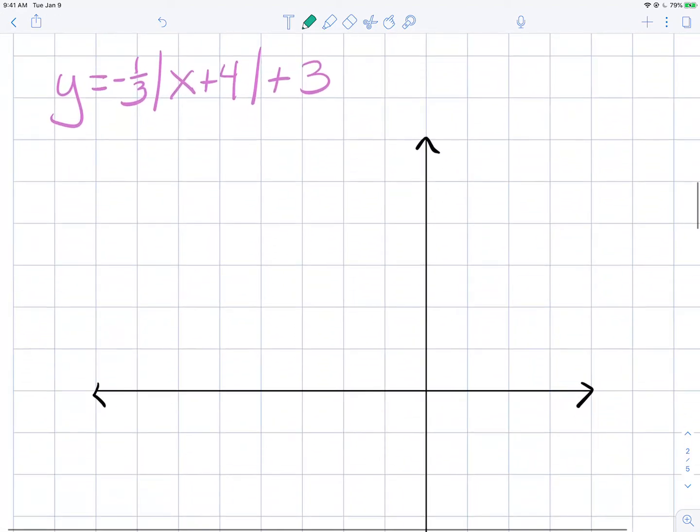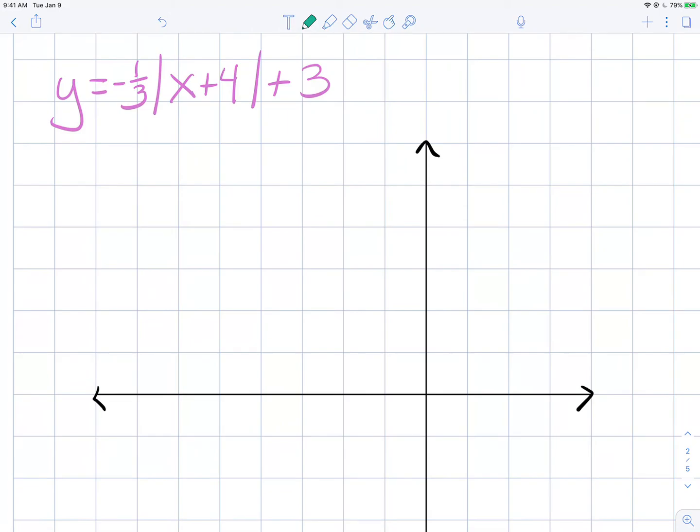Let's try another one. Y equals negative 1/3 absolute value of x plus 4 plus 3. So my vertex is going to be negative 4 comma 3, opposite, comma, what's being added or subtracted. And my slope is going to be a positive and negative 1/3, but I'm going to be opening down because it has that negative there. So the first thing I'm going to do, find my vertex.